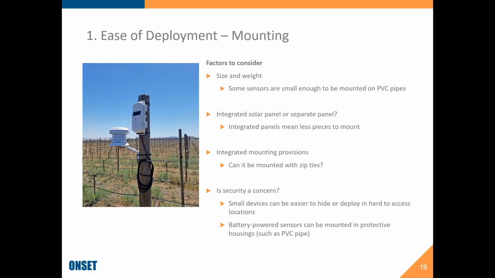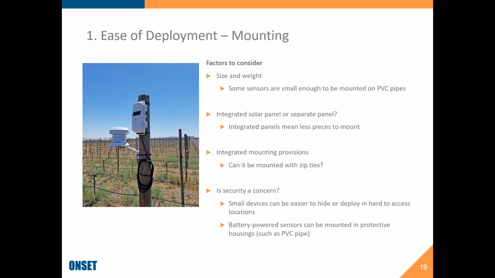And another factor, and this is actually a question that one of you sent in advance, is about security. That is a big concern that we hear. If it's a smaller device, it makes it a lot easier to hide and put out of the way, or it also makes it easier to put in some sort of protective enclosure, like a 4-inch PVC pipe.